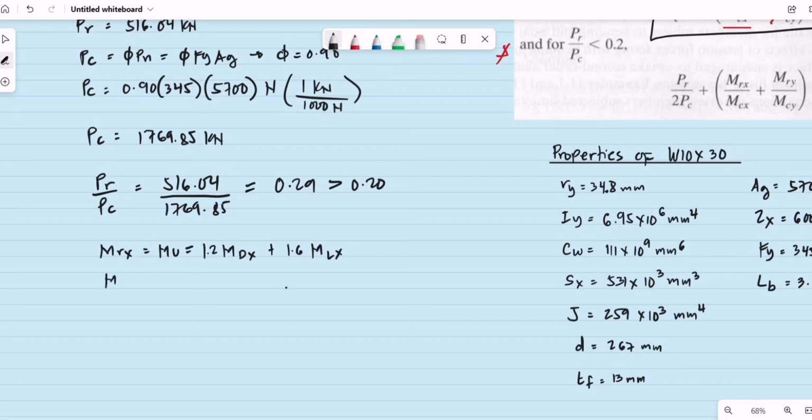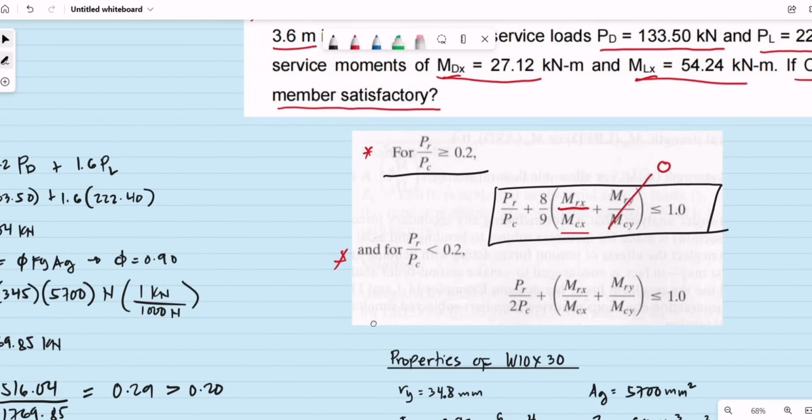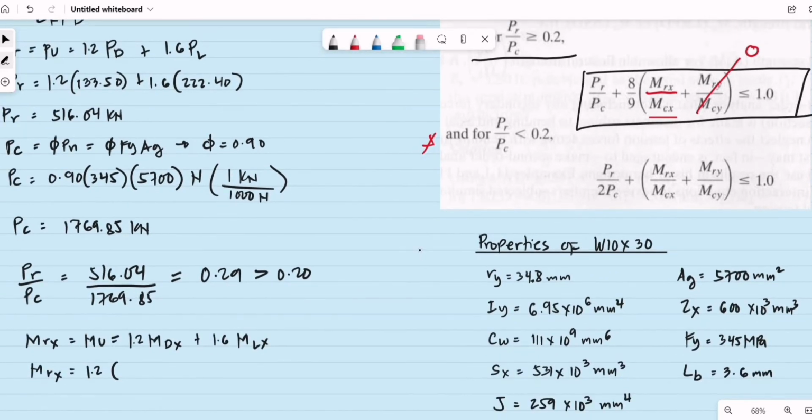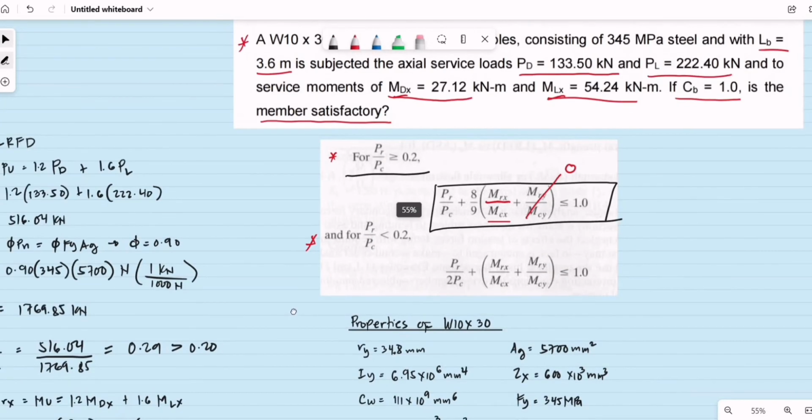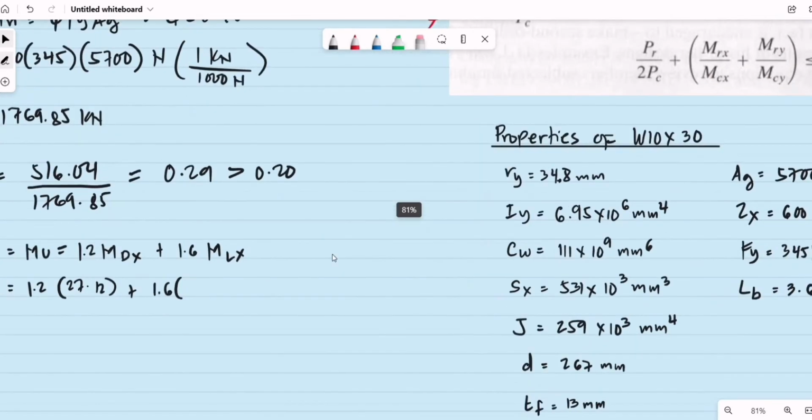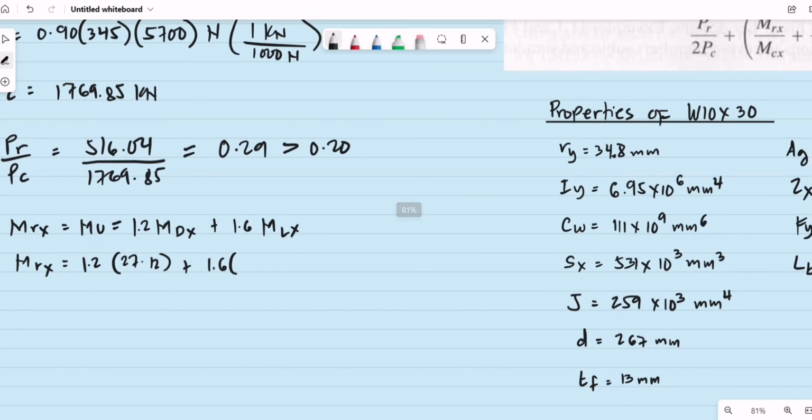So M sub rx is equal to 1.2 of MDX, which is 27.12 kilonewton meter, plus 1.6 of the live load moment, 54.24 kilonewton meter.